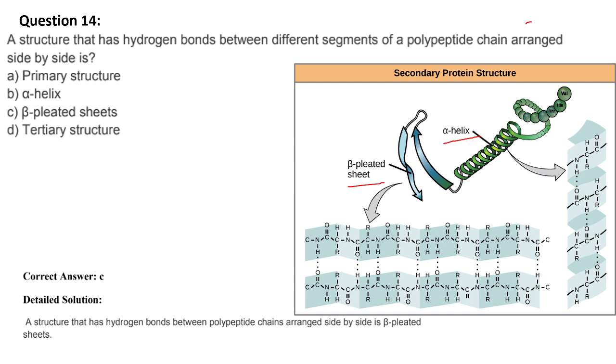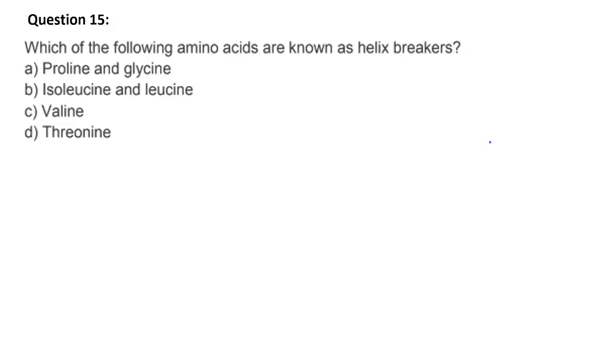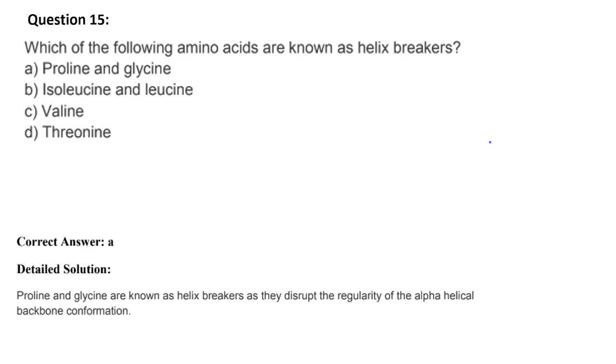Which of the following amino acids are known as helix breaker? Proline and glycine, isoleucine and leucine, valine and threonine. The correct answer: proline and glycine are known as helix breaker as they disrupt the regularity of the alpha helix and backbone conformation.